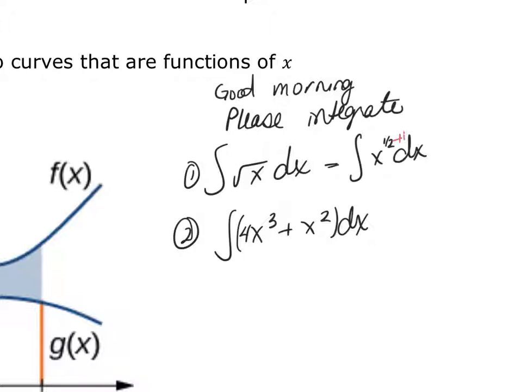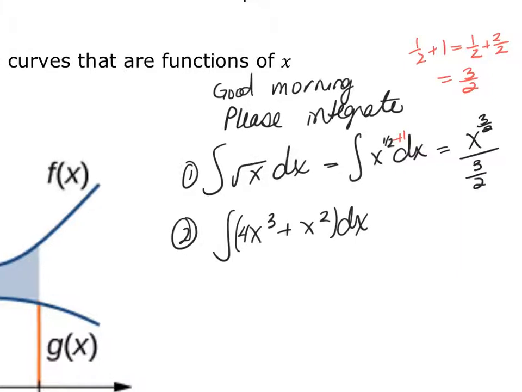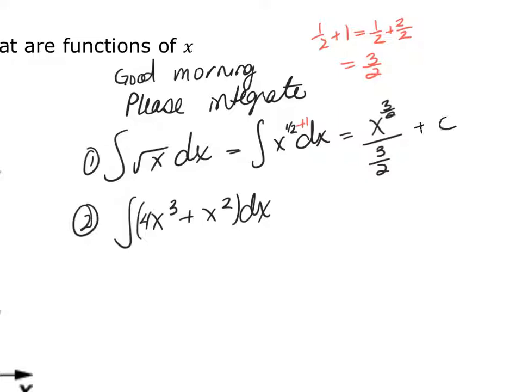And 1/2 plus 1 is the same thing as 1/2 plus 2/2, which is 3/2. So this becomes x raised to the 3/2 divided by 3/2, plus c.